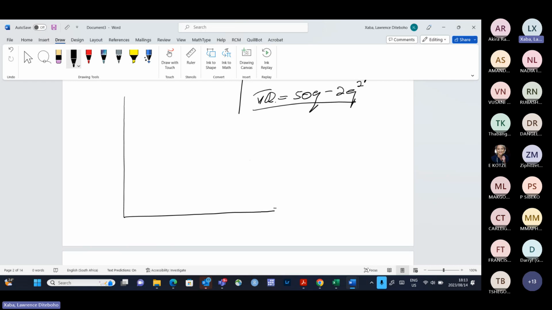So we have our Q this side. We have a P there.